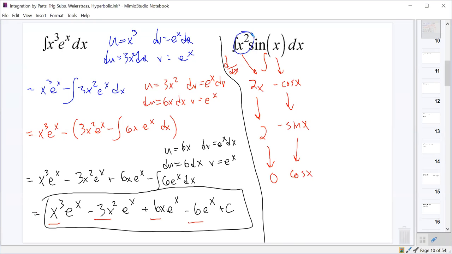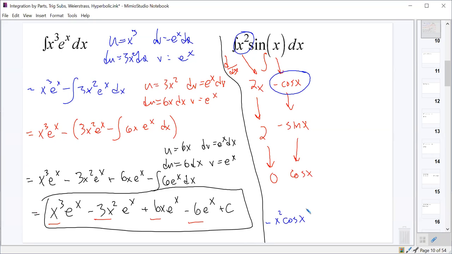The original thing that we took the derivative of gets grouped with the first integral. That one is a positive thing, it ended up being a negative because one of our integrals was a negative.